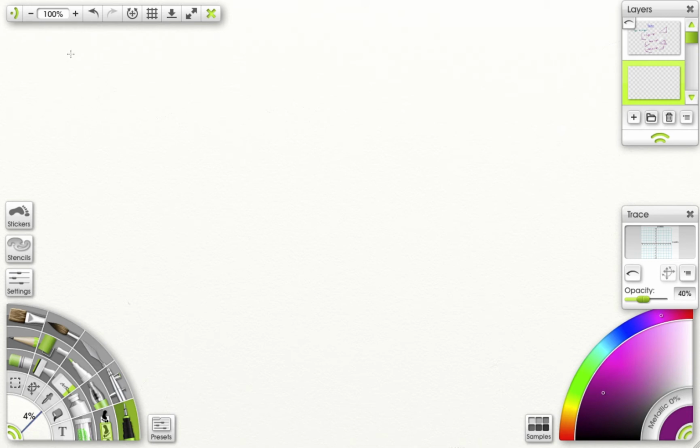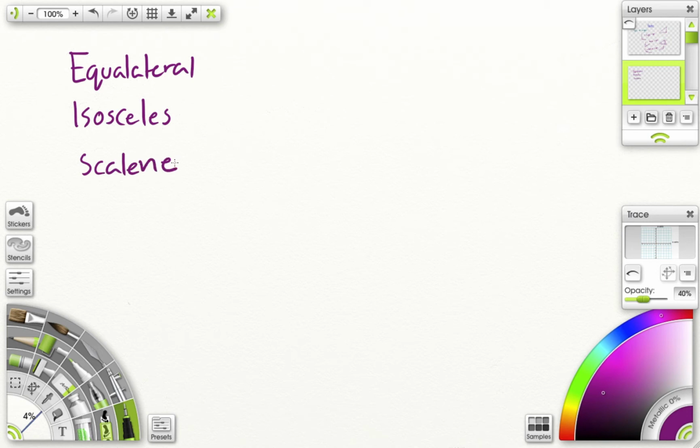So here are the names. We have equilateral, isosceles, and scalene. An equilateral triangle, all 3 sides have the same length.